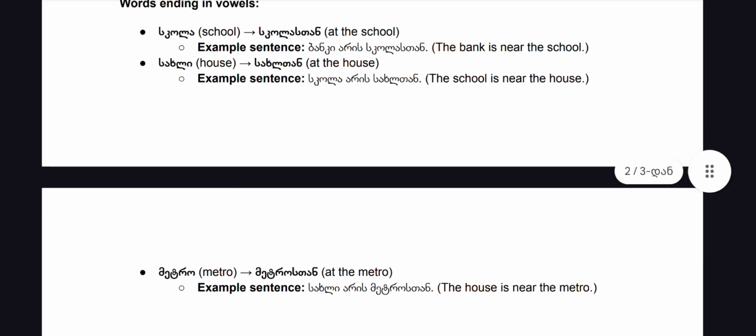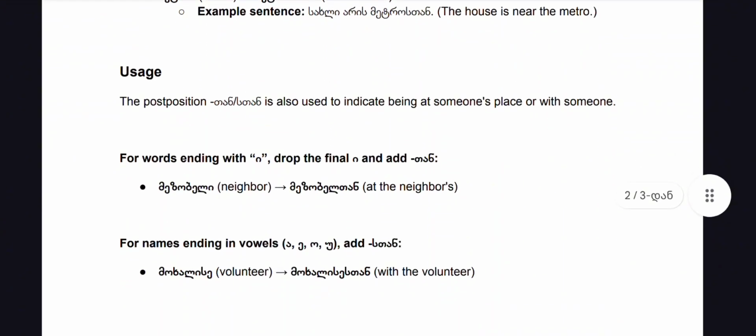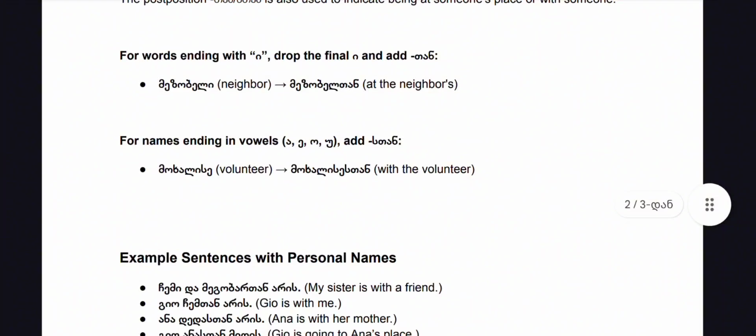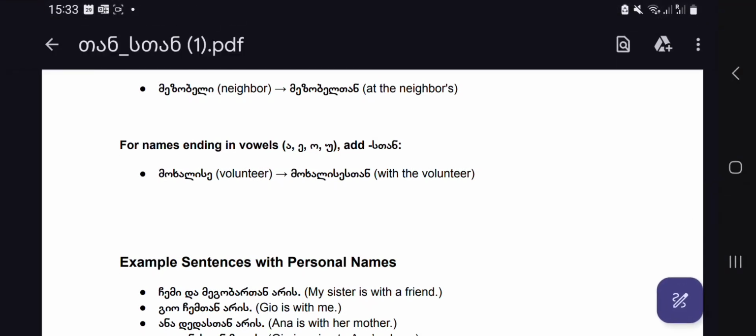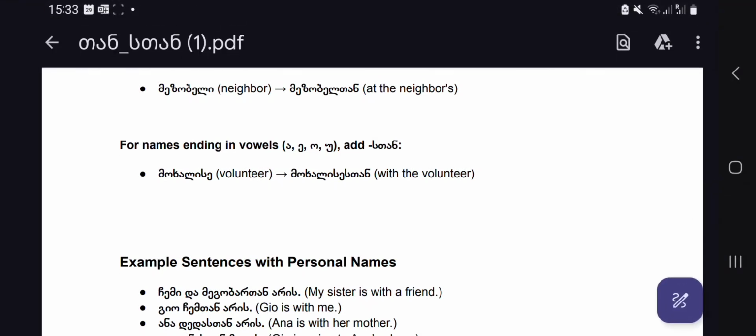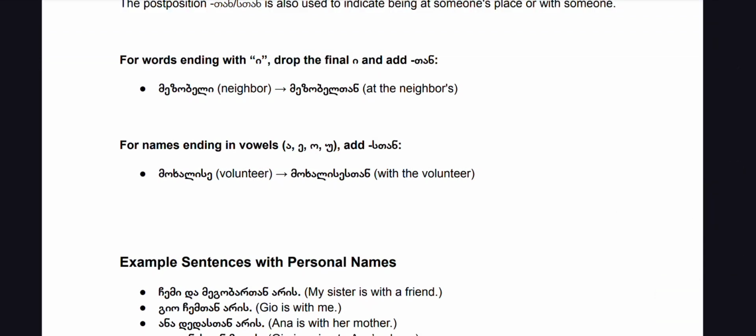It can mean near or it can mean at. So mezobeli becomes mezobeltan, and mokhalise, which means a volunteer, becomes mokhalisestan.